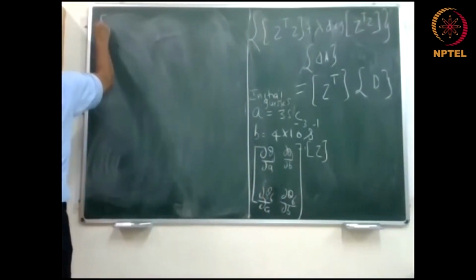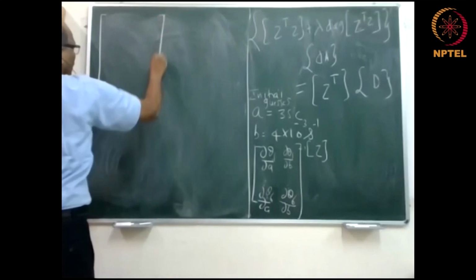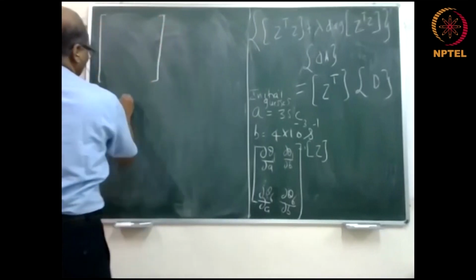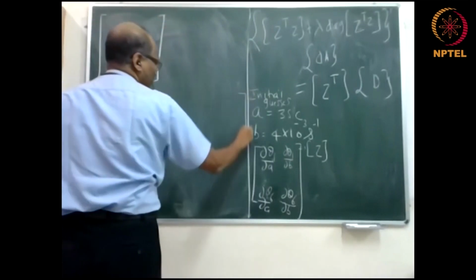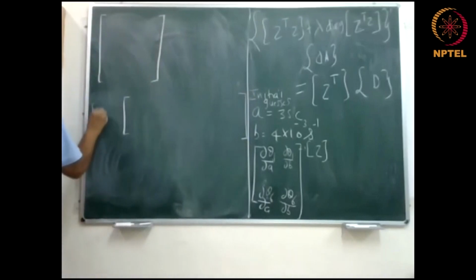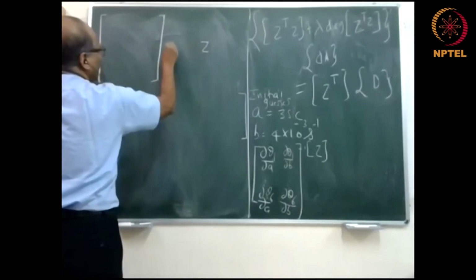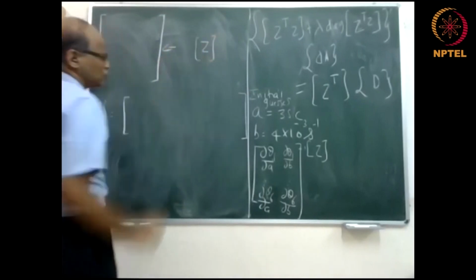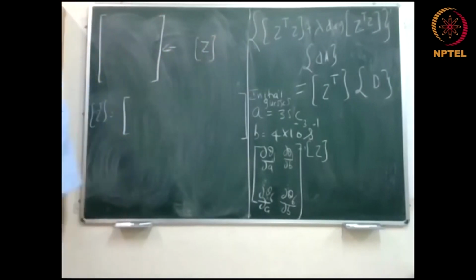So please tell the values of Z now. We got those 12 values, right? What are those values from the last class?